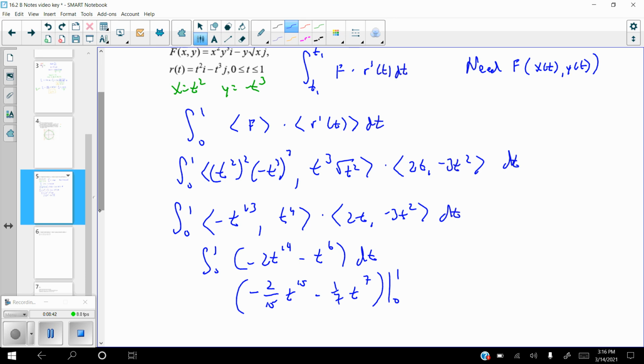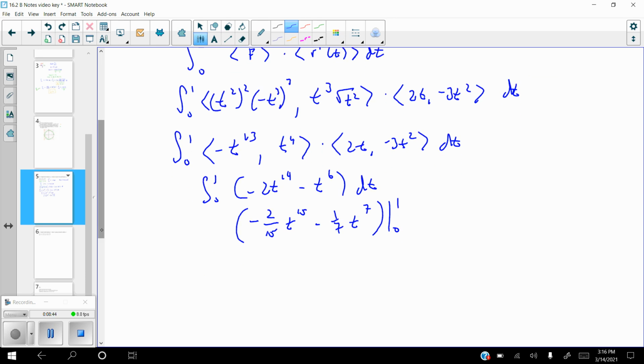The nice thing about this one is that the 0 makes everything go to 0. So let's just plug in the 1 and we get negative 2/15 minus 1/7. Let's see, 30, no, 45, 60, no, 75, no, it's going to be 15 times 7. 15 times 7, I believe, is 105. So these will both be over 105.